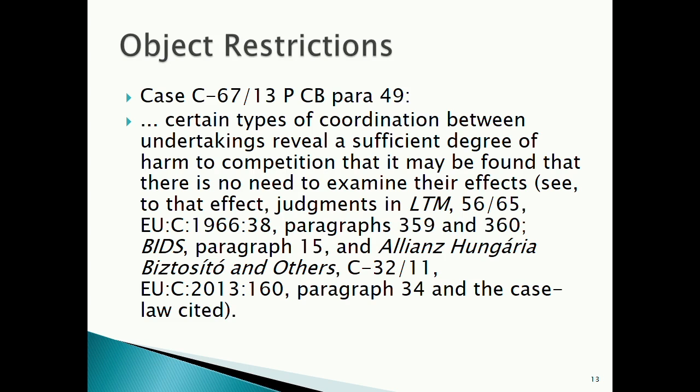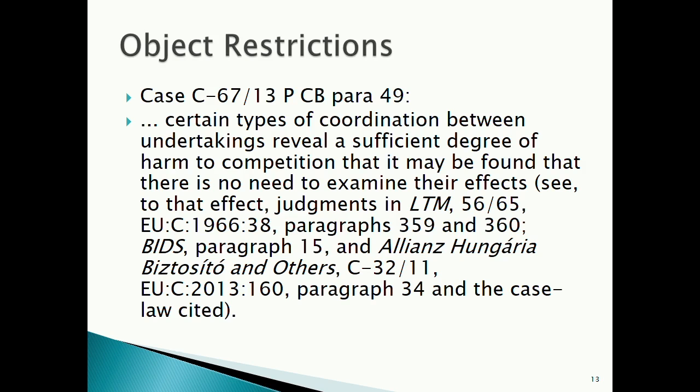Now, the other case that's worth looking at in some detail are the paragraphs from the CB case, Carte Bancaire, which is the bank cards decision. The relevant paragraphs and sections are on the slides, as well as listed in the syllabus.